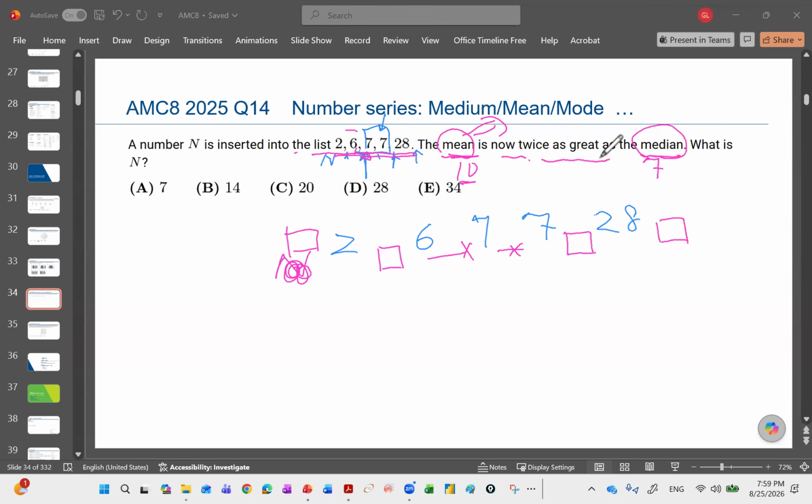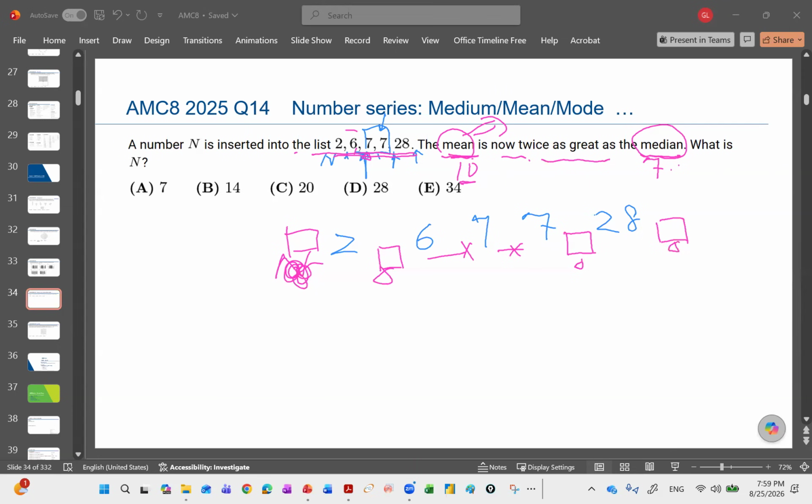So the mean needs to be bigger than 10. So you need to insert here or here. You cannot insert a small number, right? If you use a number less than 10, what does it look like? It becomes even smaller, right?